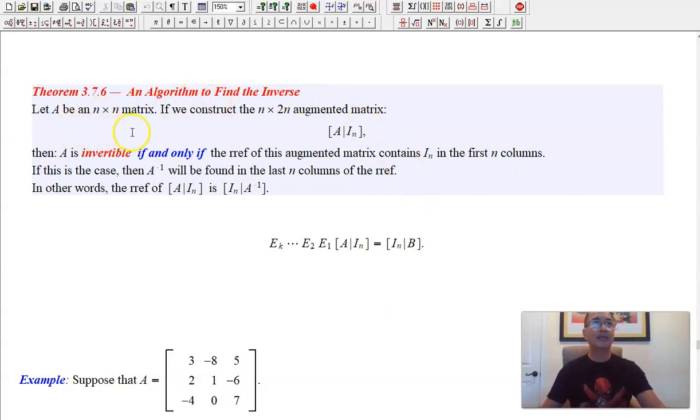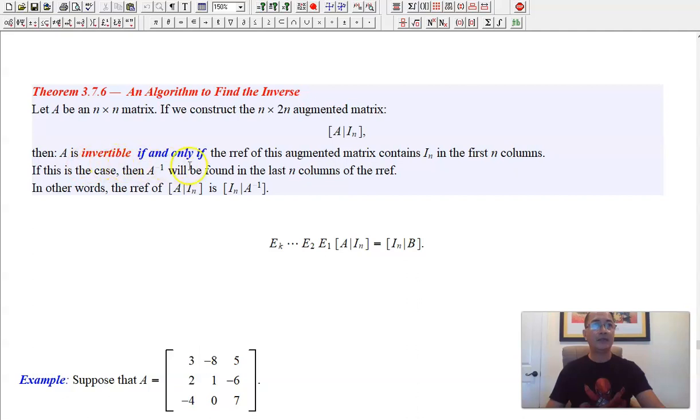Suppose that you have an n by n matrix. Let's construct the n by 2n augmented matrix. So it's going to be really wide. You put A on the left and you put the identity on the right. So that's why you double the width of that matrix.